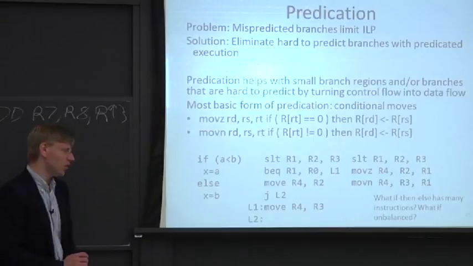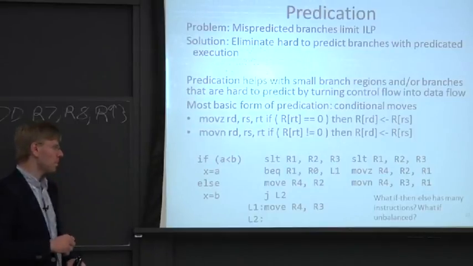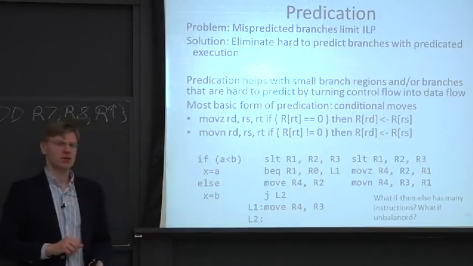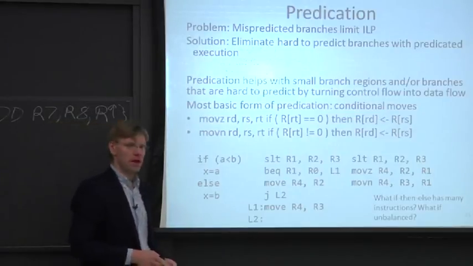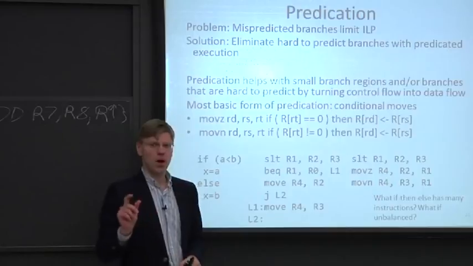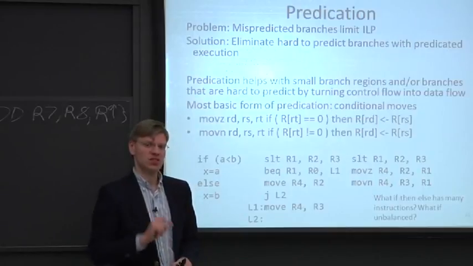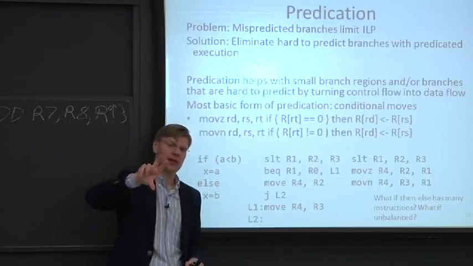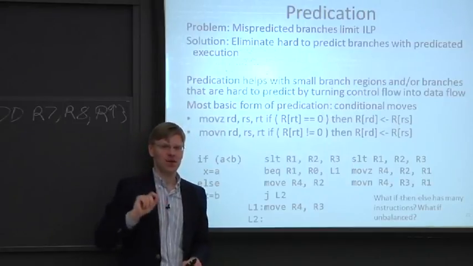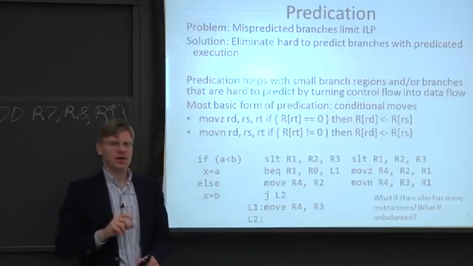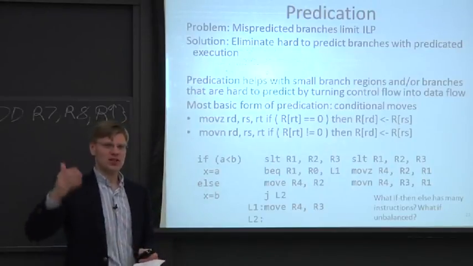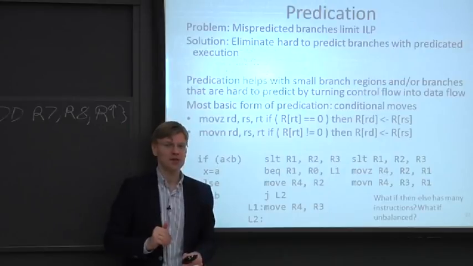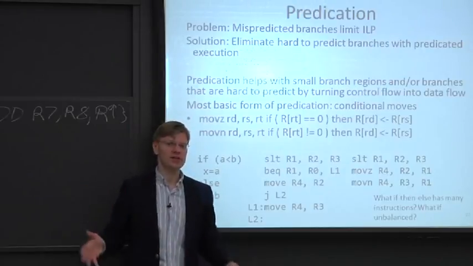So where else is this useful? Do you always need to have if, then, else clauses to make this work? No. This also works well for small code hammocks. A small code hammock is just an if which jumps around a small piece of code. And if you can't predict that if very well, then it makes sense to just execute what's inside that code hammock, that small piece of code, always.